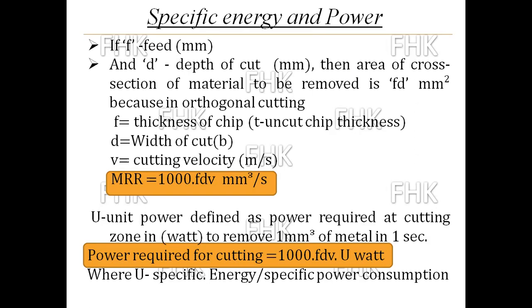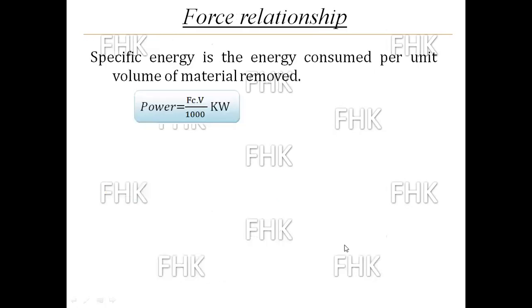MRR is nothing but 1000 FDV, into U, where U is specific energy or specific power consumption. So specific energy is the energy consumed per unit volume of material removed.